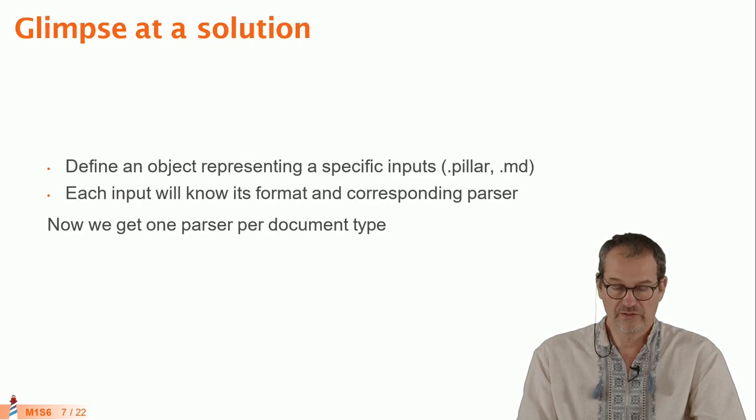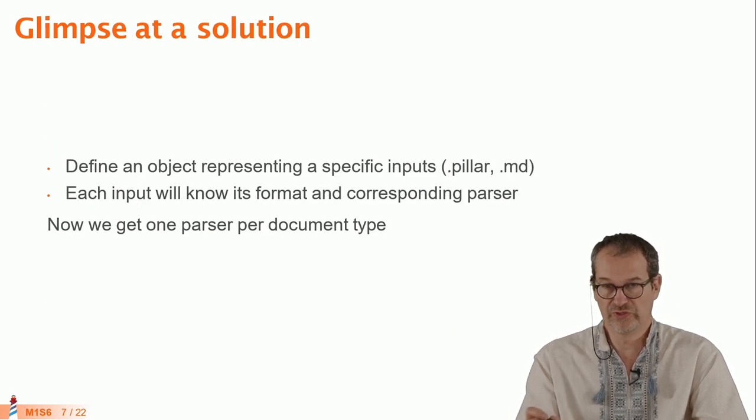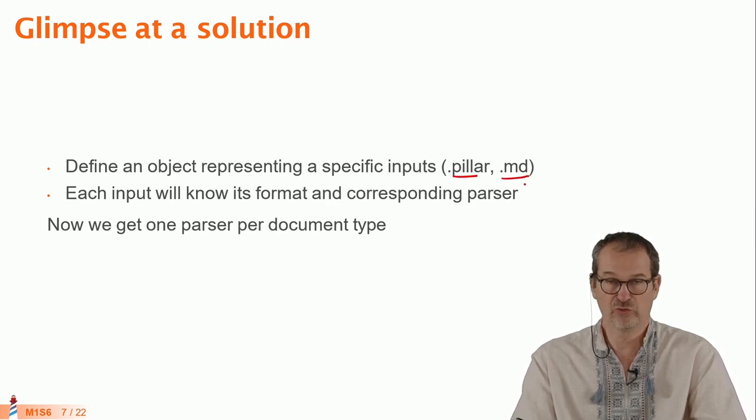So what is the solution? We will do this solution step by step. Instead of directly manipulating a .pillar file and a .md file and doing the check, we will create an object that represents the input.